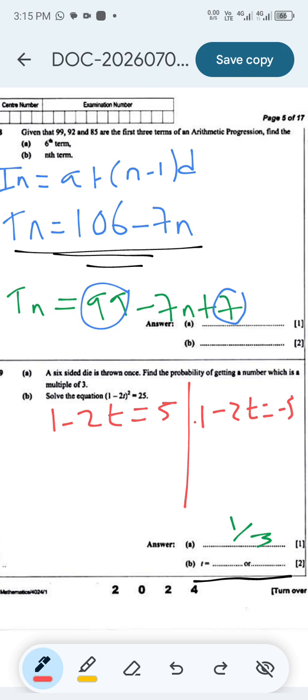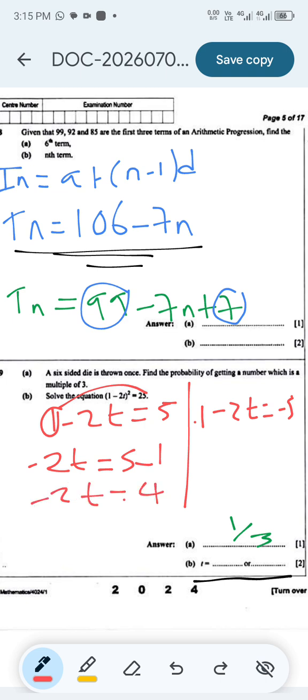This is how we are going to solve this. So it's going to be negative 2t is equal to 5 minus 1, because the additive inverse of 1, when 1 goes this side, is going to be negative. So negative 2t is equal to 4.